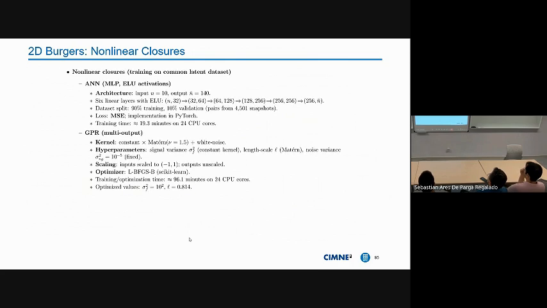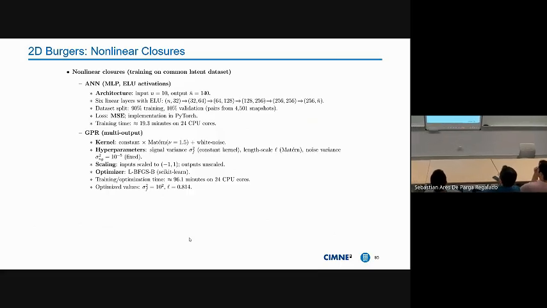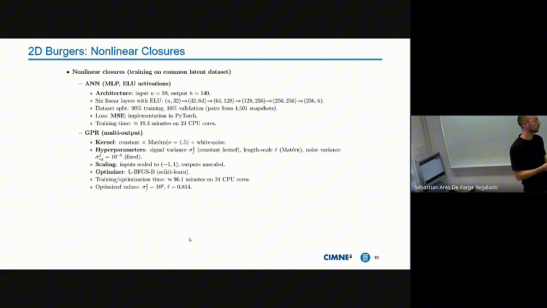Whereas for the GPR, we use a composed kernel of a constant, which is like a signal variance, times some Matern kernel, which is kind of like a Gaussian-like kernel, plus some white noise. And we scale the input, etc. We solve this by using the model already present in scikit-learn with some optimizer that is already predefined.